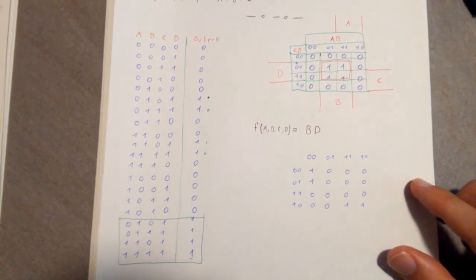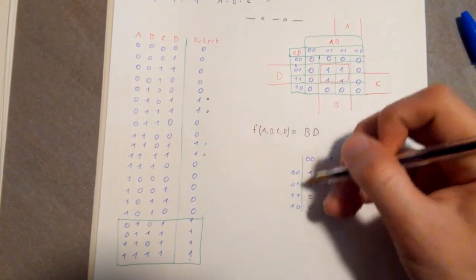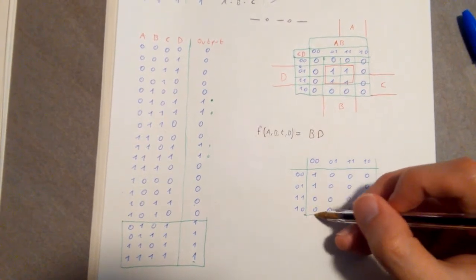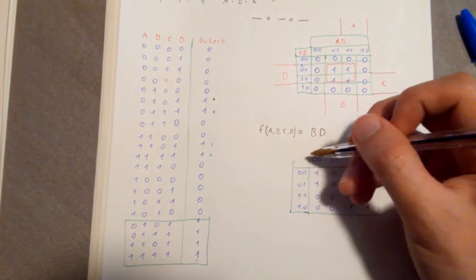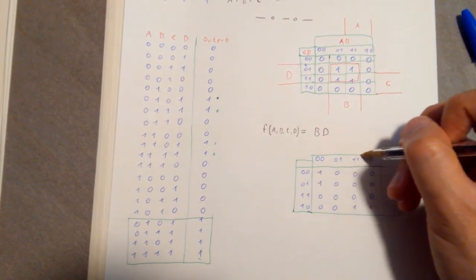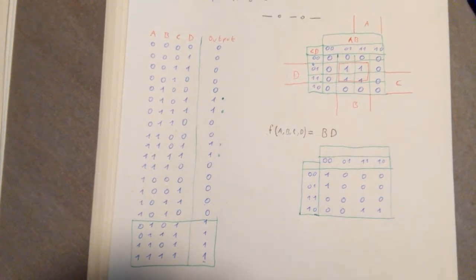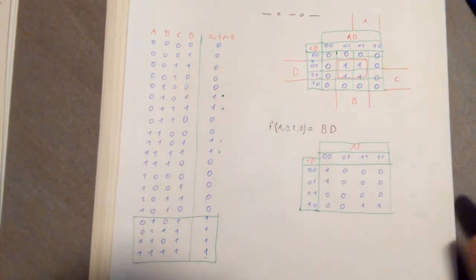Then in this case, I'm going to have two groups. But I'm essentially going to do the same thing. So those are going to be AB, and those are CD.